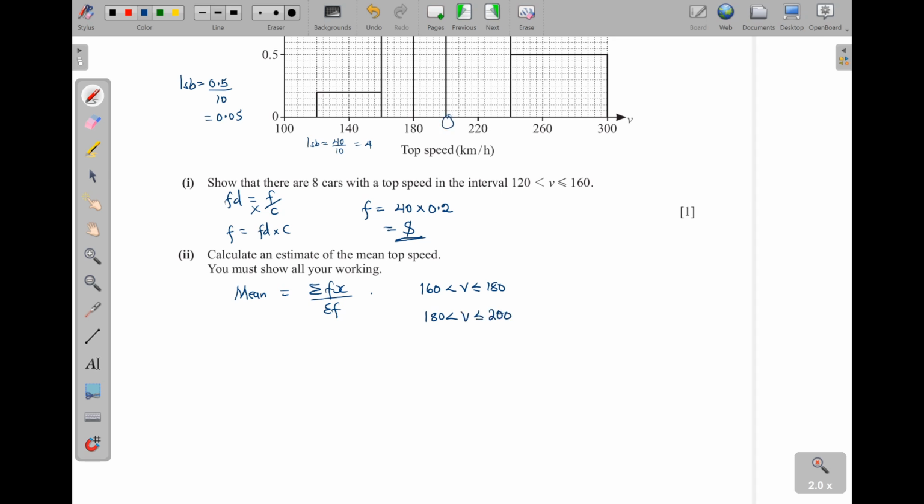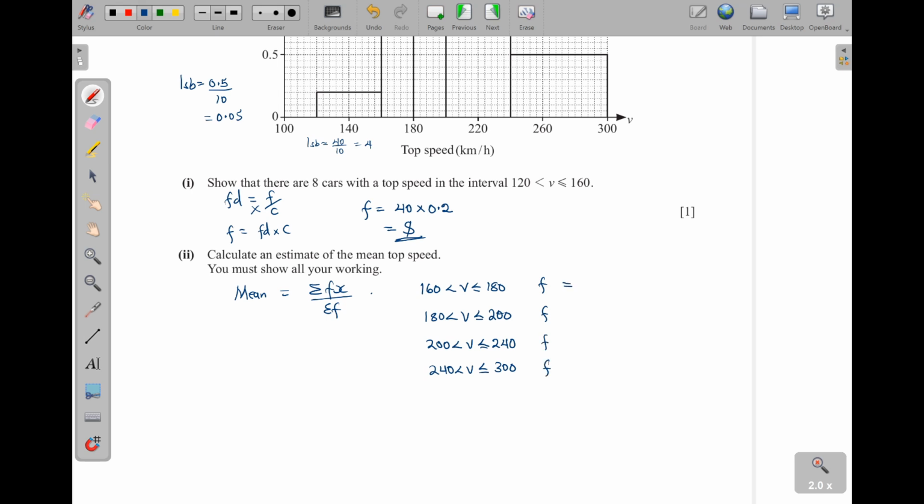Then from 200 to this one here, that one is 240, it is in the middle of 220 and 260. So we shall have 200, then 240, and then 240 to 300. So what will be the frequency here? What will be the frequency here and also here?